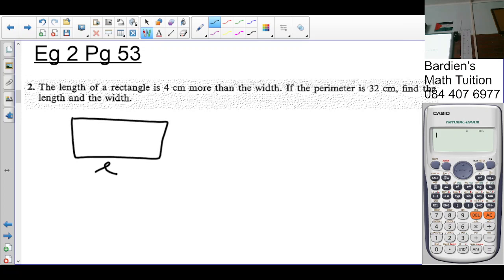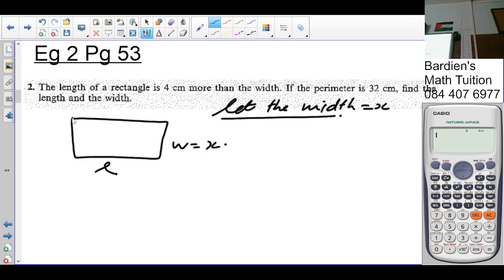We have length and width. We normally let the smaller one be x. So we say let the width equal, you do the rest for me. Okay.